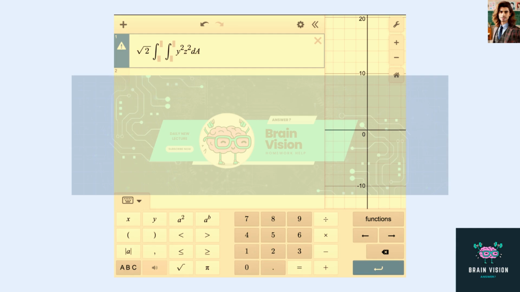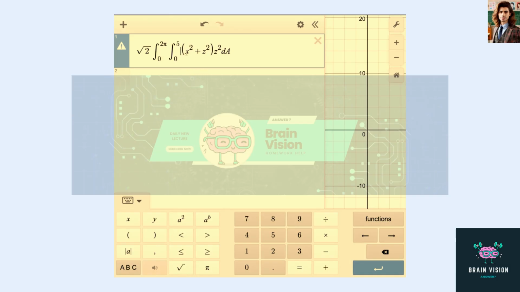Then we know that y squared is x squared plus z squared, so we'll replace it with that. And then since we know that the region D is the region inside the circle, x squared plus z squared is less than or equal to 5 squared, we can change this into polar coordinates, where theta goes from 0 to 2 pi, and the radius is from 0 to 5.